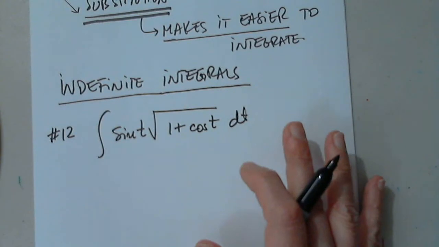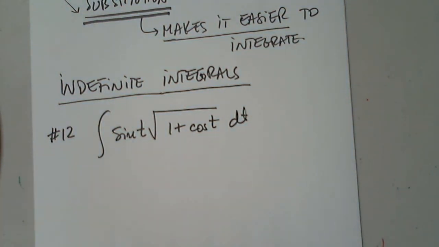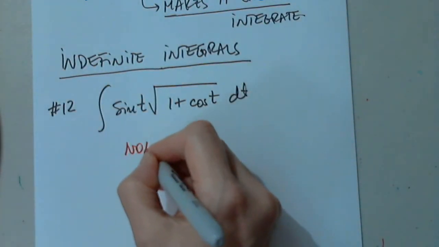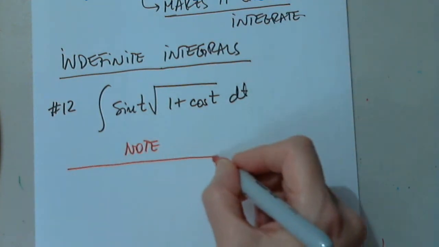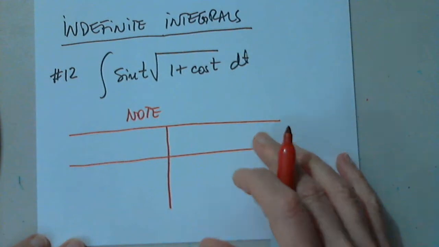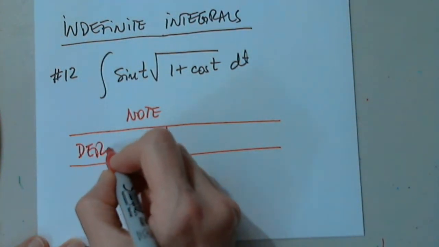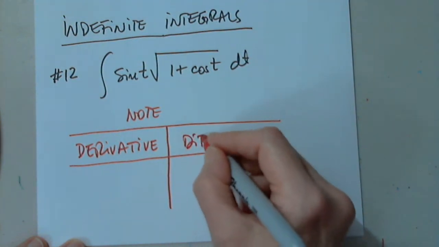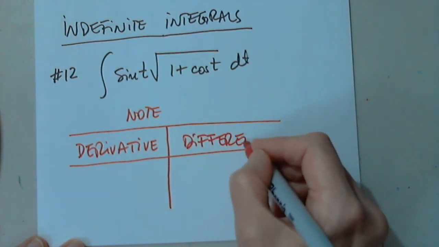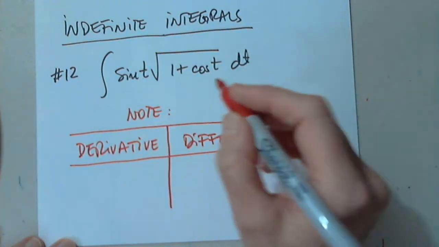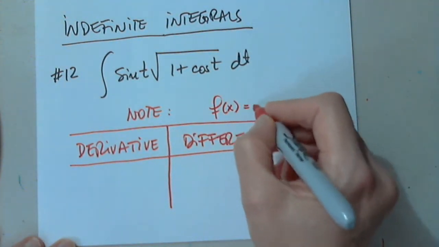Before we even attempt to find the substitution here, we have to refresh our memory. We've done this before, well, let's do it again. Derivative and differential. It's a big difference. So give us a function, any function you want.